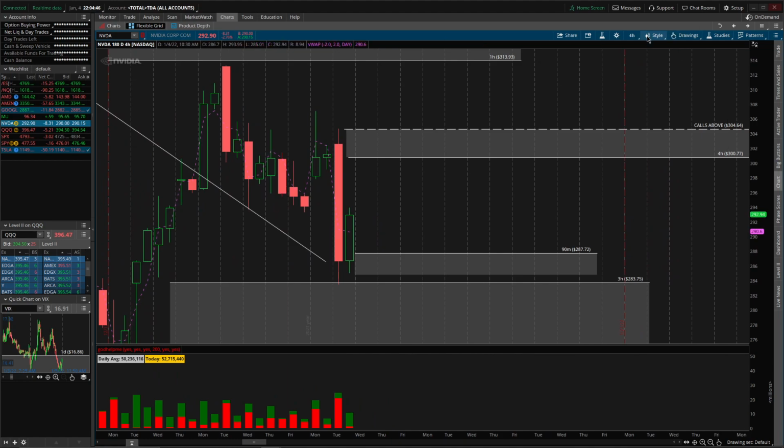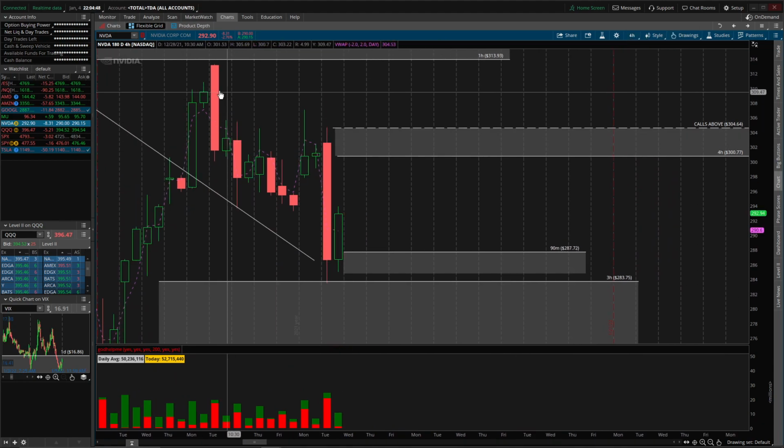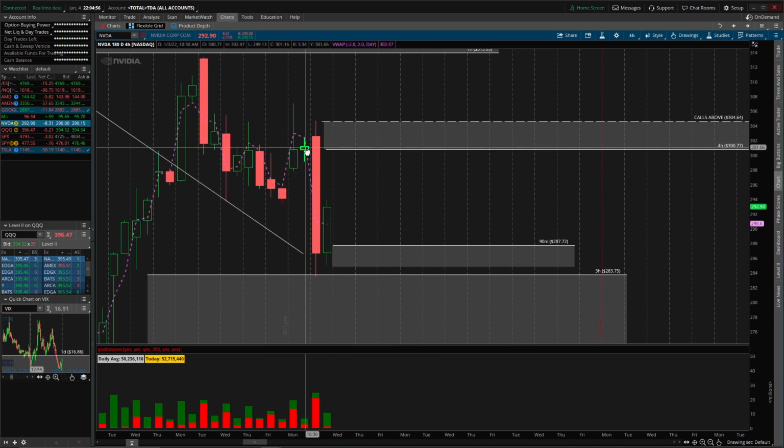So right here, I'm on the 4-hour time frame, and I'm noticing that Nvidia recently had a big rally to the downside. Right here, if I were to try and identify supply, I would just go through all these candles right here, and then see where I can find a basing candle before a big rally.